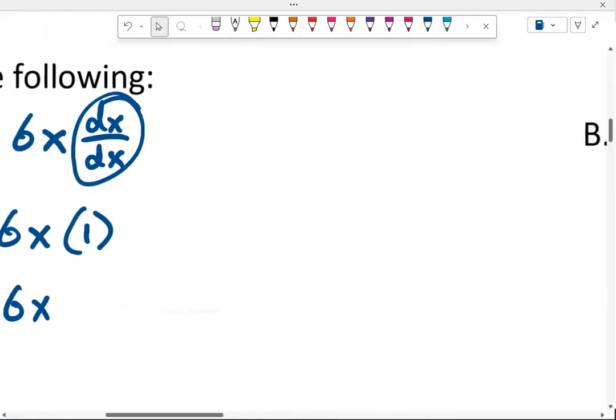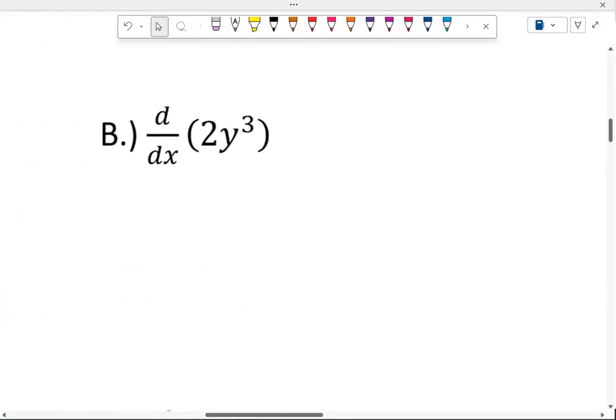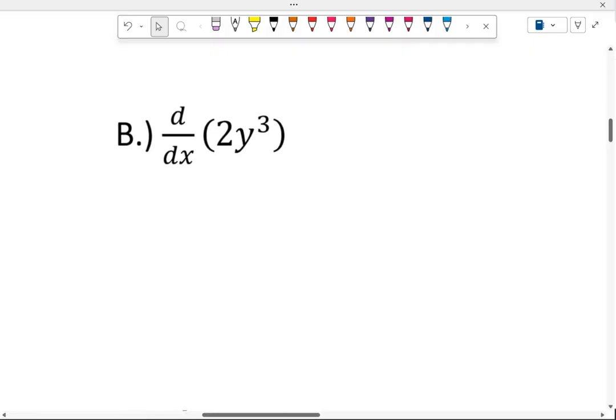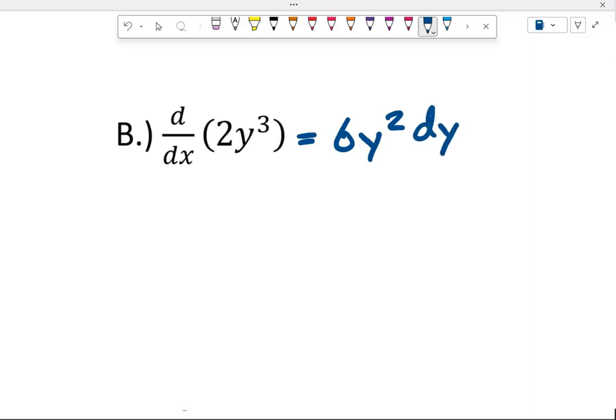Because, exactly, because we will have something like this. What is the derivative of 2y cubed? It's just the power rule, right? What is it? 6y squared. But now, thinking about what we just talked about, what would I have next to it? dy over dx.